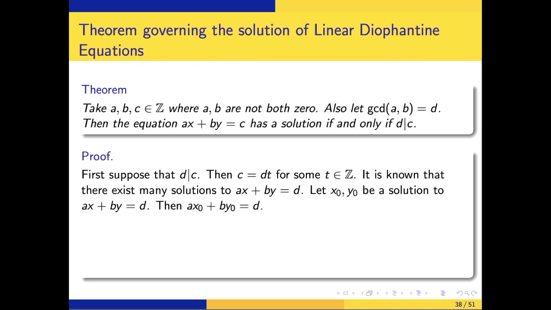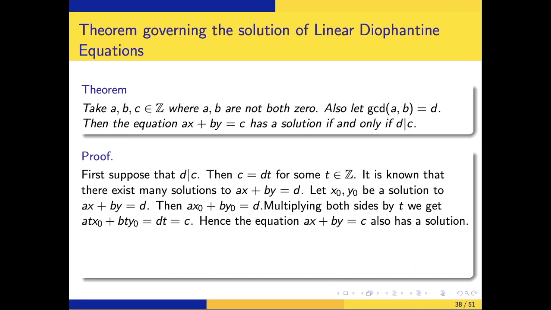So ax naught plus by naught equals d. Then we can multiply this equation on both sides by t to give atx naught plus bty naught equals dt, which equals c. This means that the equation ax plus by equals c also has a solution. And in particular, x equals tx naught and y equals ty naught is one such solution.